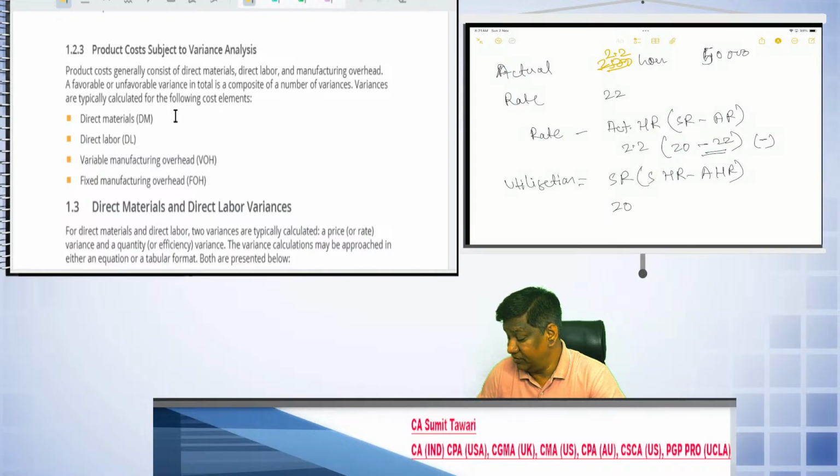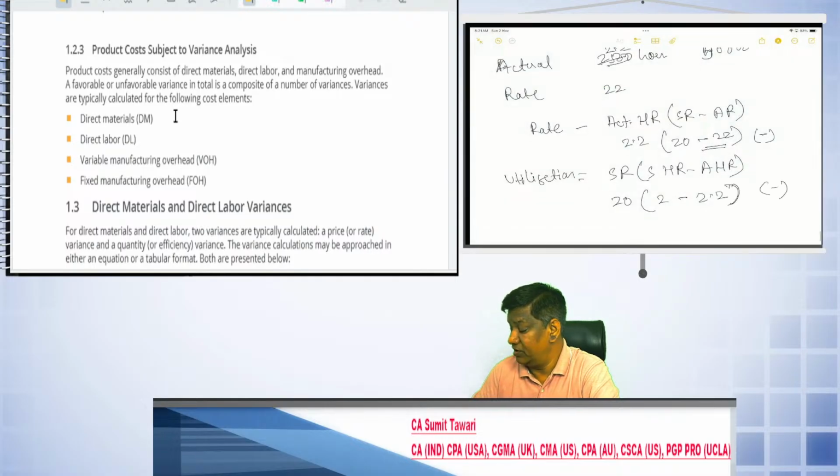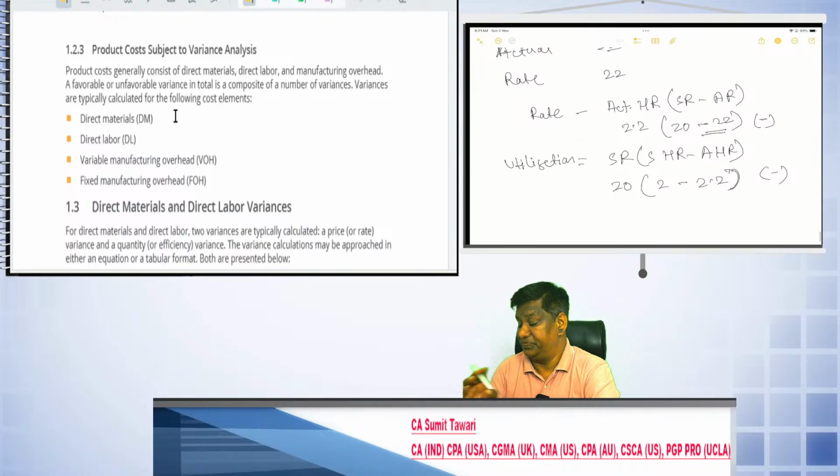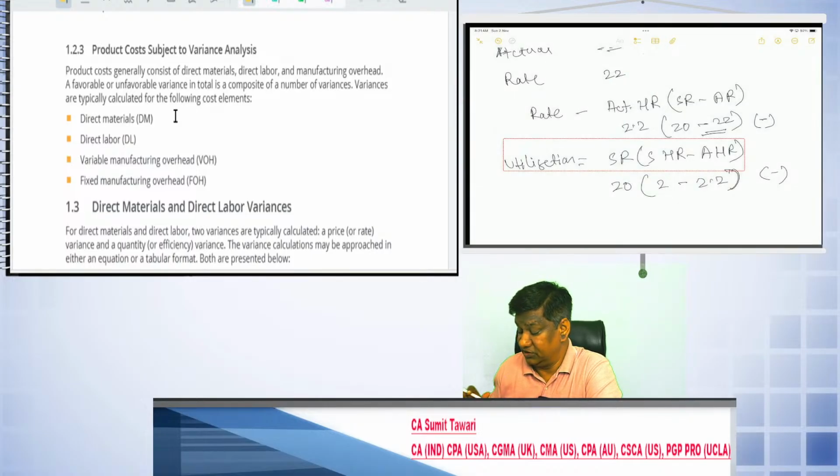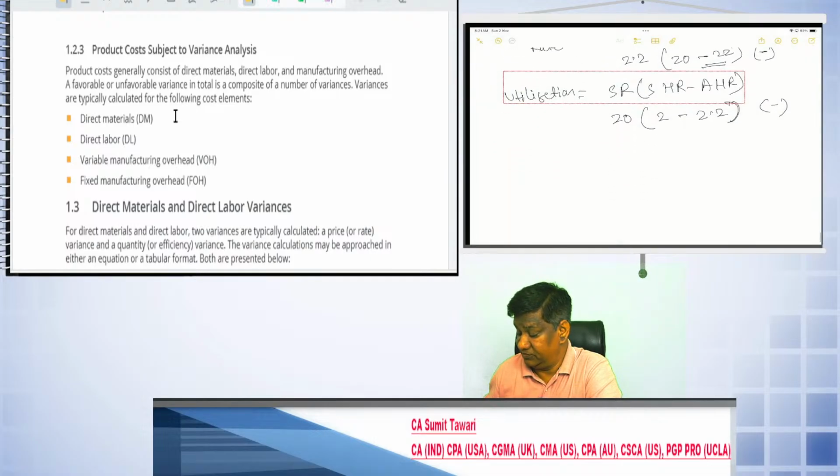Standard rate is 20, standard hours is 2, actual hours is 2.2. So here also you will get a negative variance, because you paid the higher rate, plus labor utilization is also at a higher level. So this is basically a negative variance.